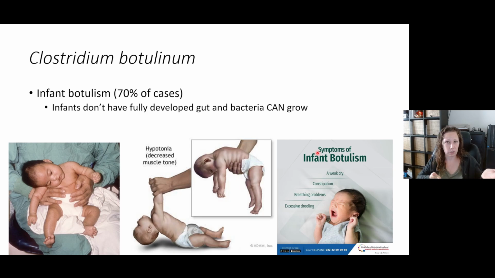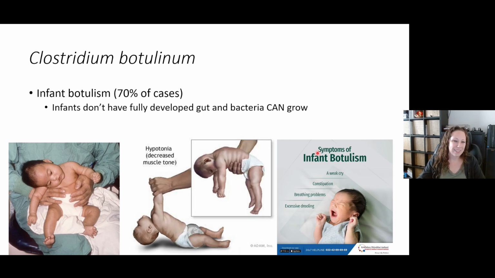Remember, they don't like pH less than 4.6. Our stomach pH is way less than 4.6. But in infants, their gut is not fully developed, and the bacteria can survive. Especially that spore can get past the stomach and into the intestines and start growing.